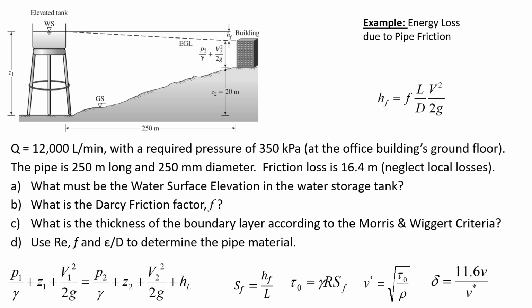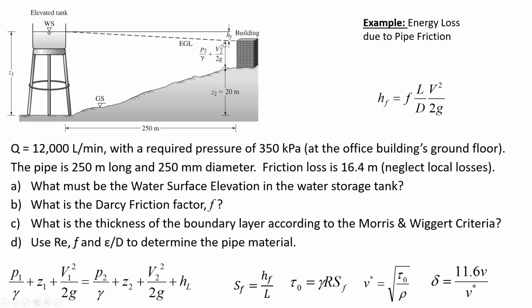So if I say 9810 newtons per meter cubed, I could also say 9.81 kilonewtons per meter cubed. So I've got kilonewtons per meter squared in the numerator and 9.81 kilonewtons per meter cubed in the denominator. When I divide those out, that's going to give me units of length in that pressure head term.